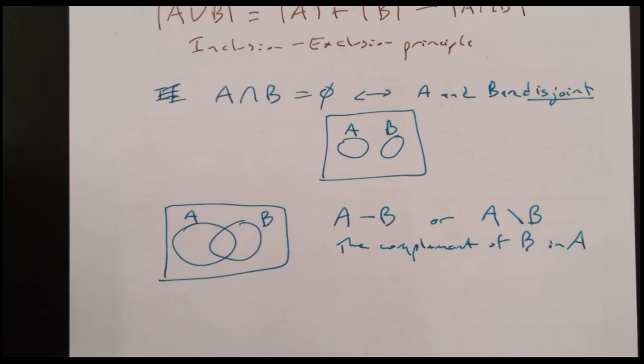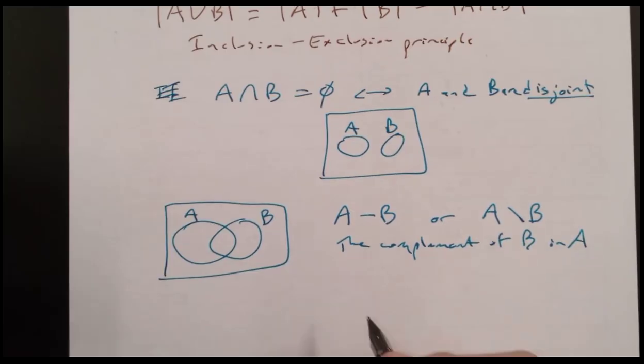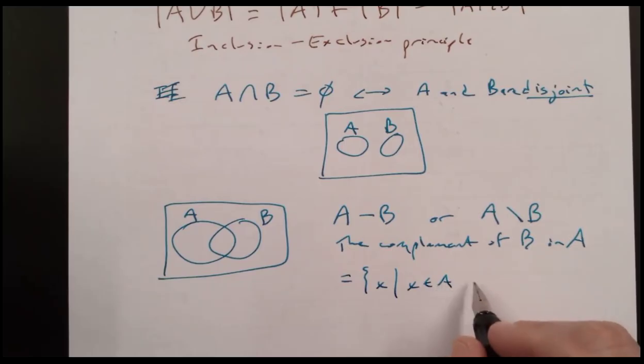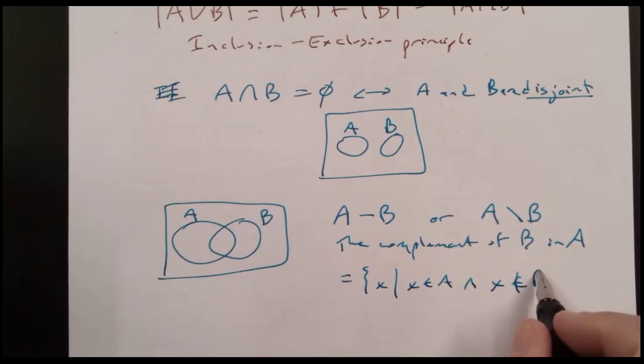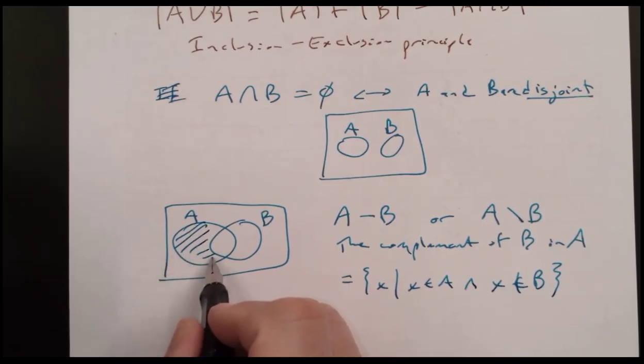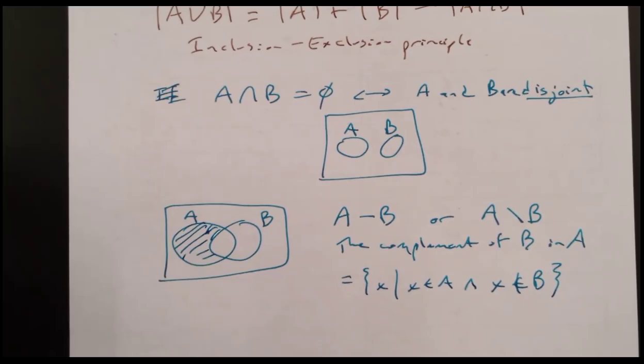But it should be all the parts of A that aren't B. So we're going to define this as the set of X so that X is in A and X is not in B. And yes, that's this part, but not the intersection. Sometimes rather than the complement of B in A, it's the complement of B with respect to A. Again, different textbooks will call it different things.